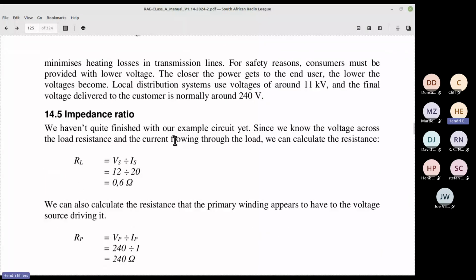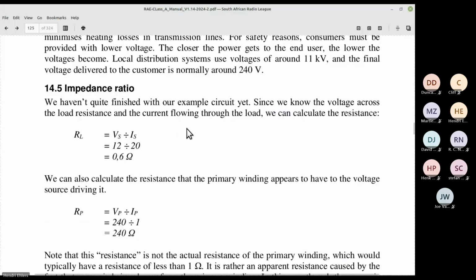Now, because it is an inductive device, it also has impedance, and that same ratio applies to the impedance of the transformer. And here's the formula to calculate.